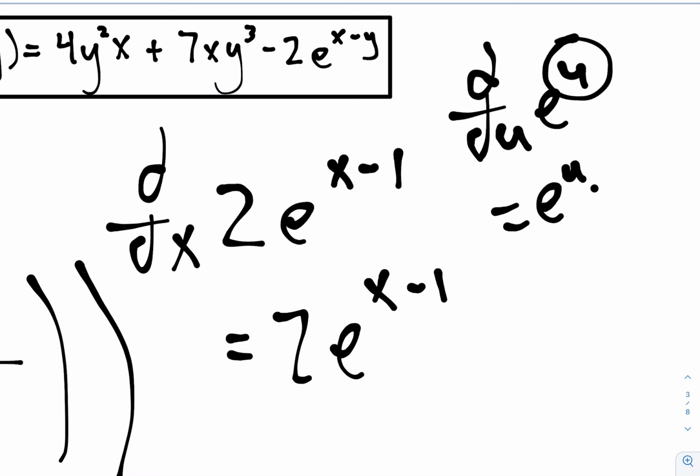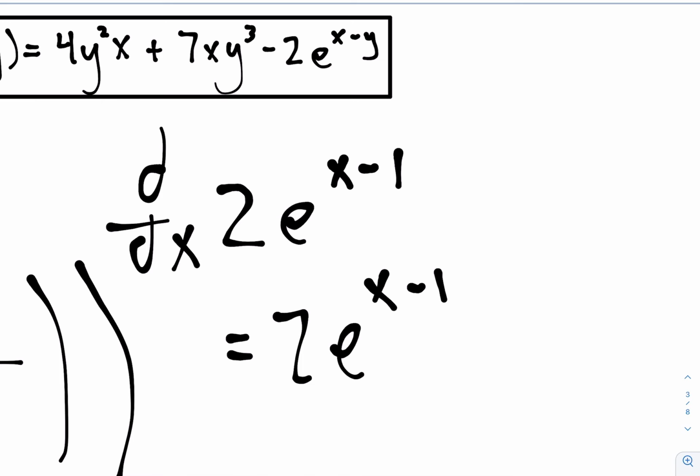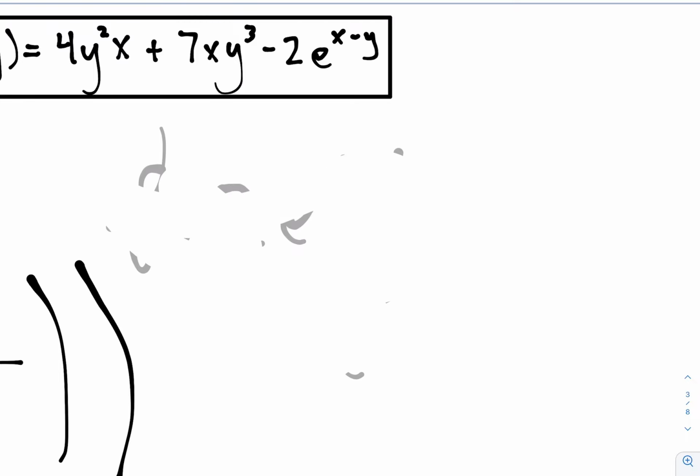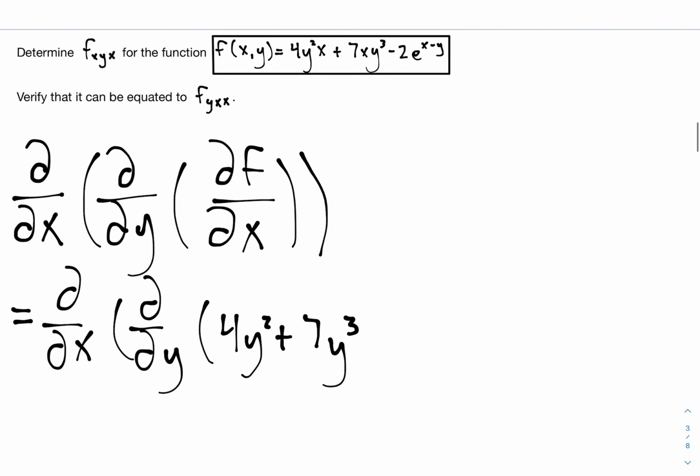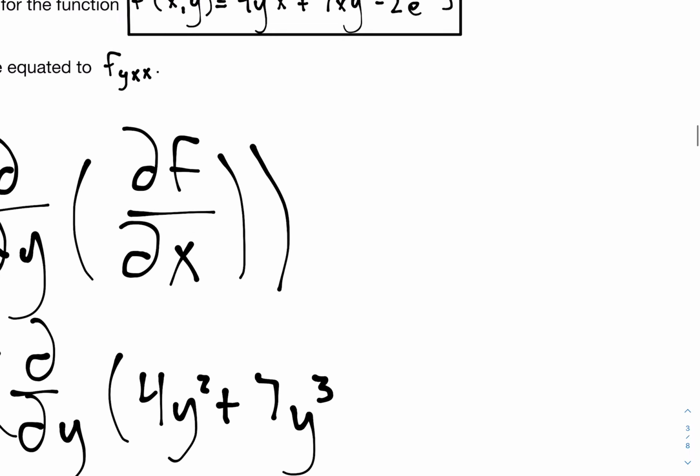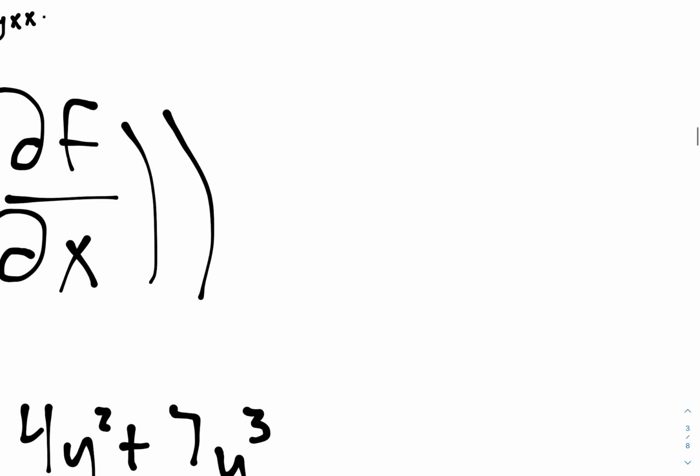The derivative of x minus 1 is just 1, because the derivative of negative 1 is 0 and the derivative of x is 1, so it's just going to be itself. So it's going to be minus 2e to the x minus y.